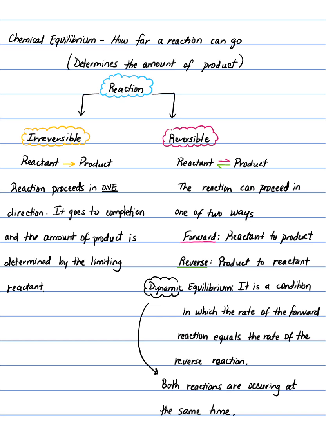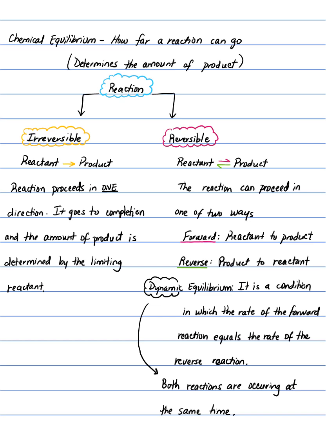Dynamic equilibrium is what happens when the rate or the speed of your forward reaction is exactly the same as the rate or speed of your reverse reaction. So the reactants are being consumed at the same rate as your products are being consumed to give you back the reactants.